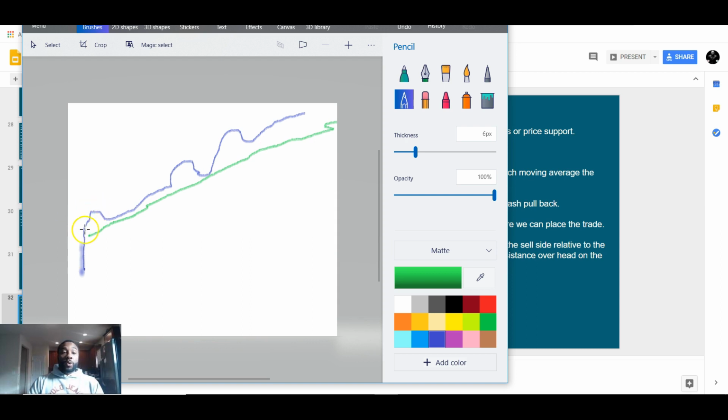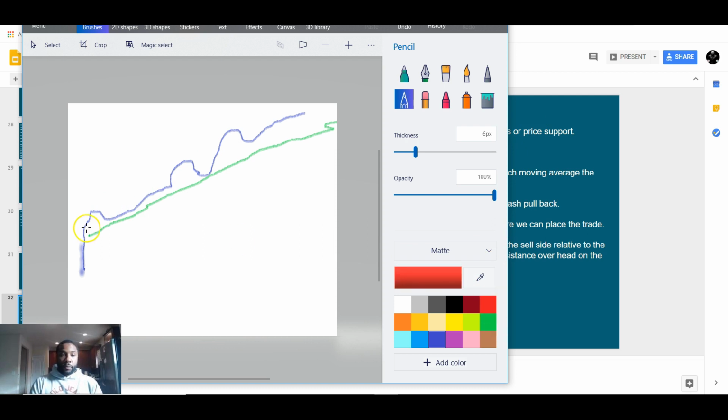So price goes up, and then it starts to pull back into support, or your diagonal support area. It starts to pull back into your moving averages. So this would be considered a pullback.